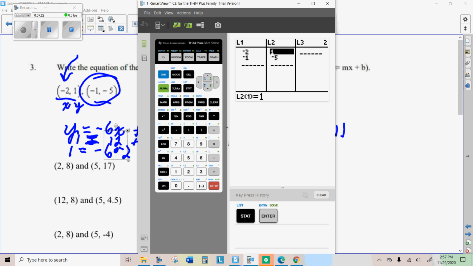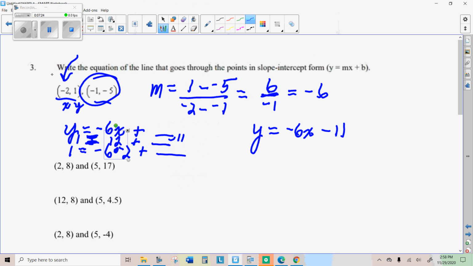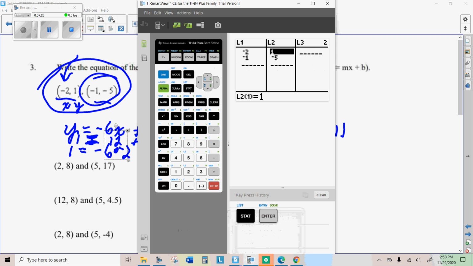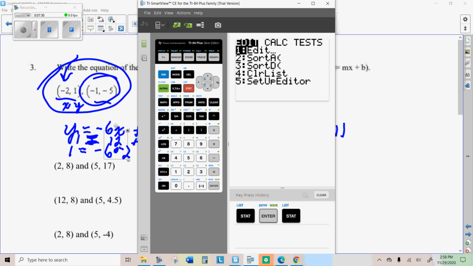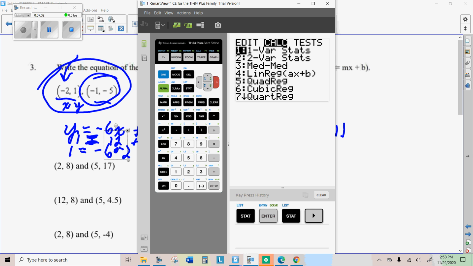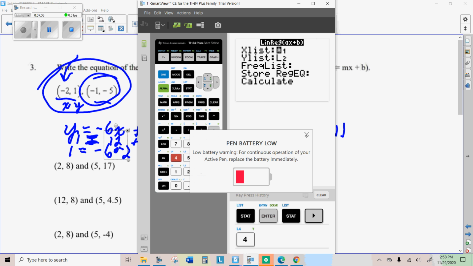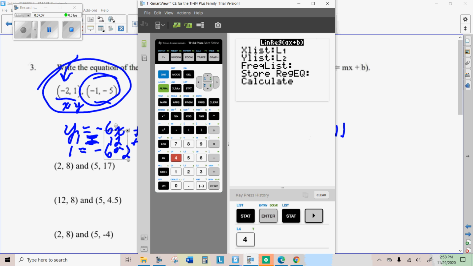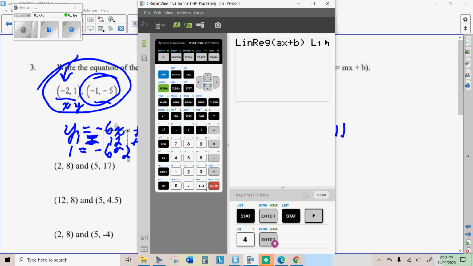Once you have those in, so I'm just putting these 2 points in right here. Then you're going to do Stat, arrow over to the Calc, go down to number 4, and calculate it. And let's hope the slope is -6 and the y-intercept is -11, like we thought. All right? So that's a good way to check those.